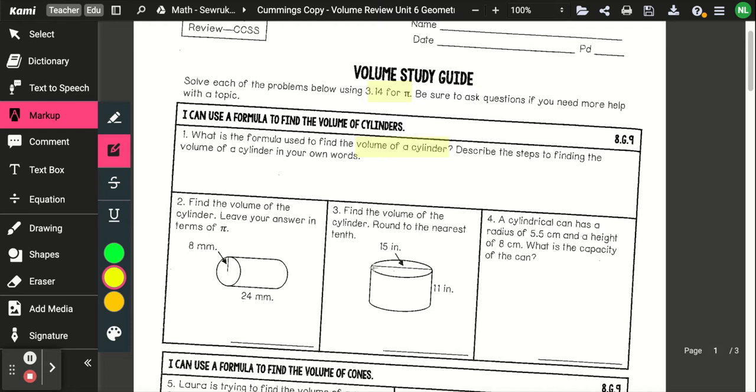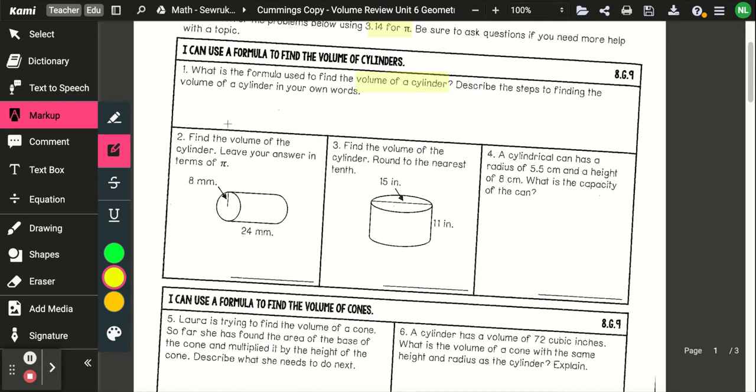It has a circle, and then it has a height. So that's something that you could actually write. So again, you're writing the volume formula, and then you're writing what you are actually doing when you use that formula. Well, I'll kind of tell you. You're finding the area of the circle and then you're multiplying it by the height. That's what you should be writing.